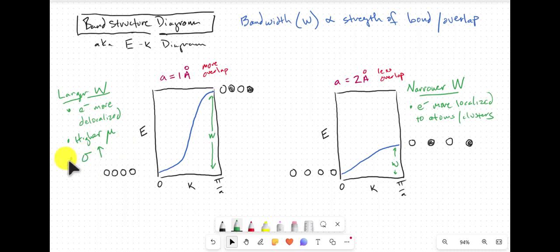And in this case, that gives higher mobility, which is mu, as we introduced before, and we know that mu is directly related to conductivity, sigma, and so we typically see a higher conductivity in materials that have these wider bandwidths.